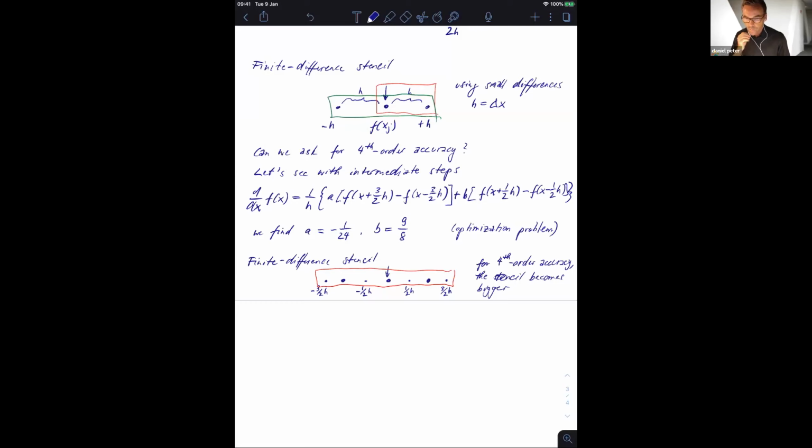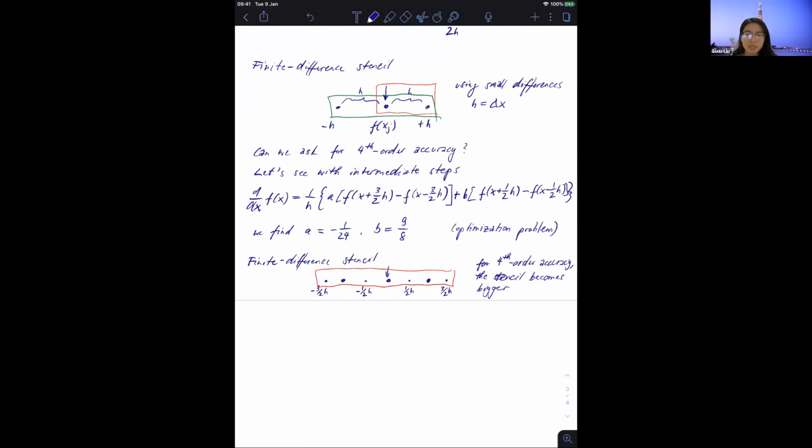It's kind of an obvious observation, but when we come to the pseudospectral method, what we will do is basically we increase the stencil as much as possible. So we make it as wide as possible to achieve then the highest possible accuracy as well.